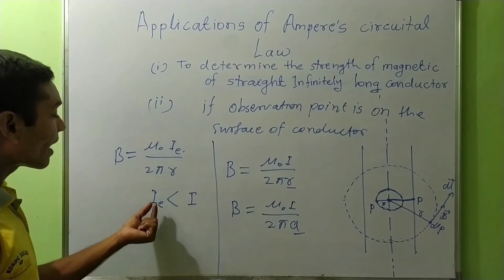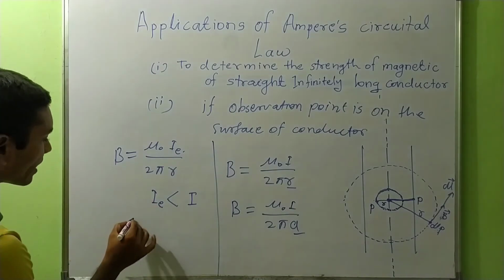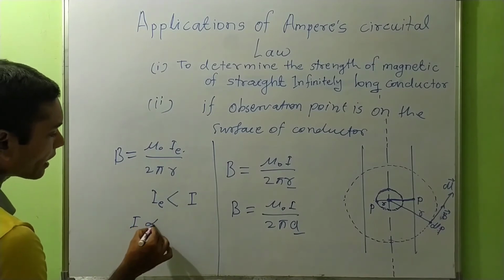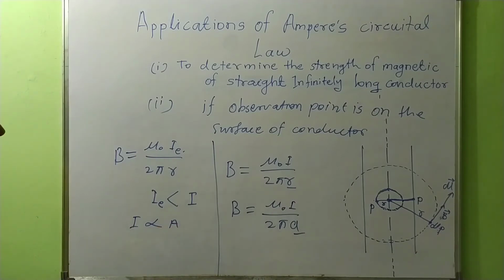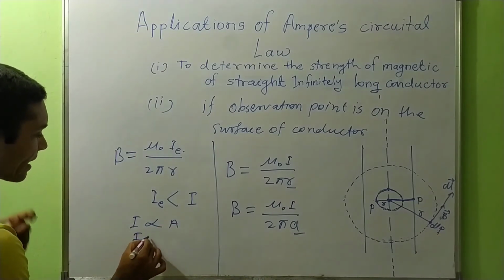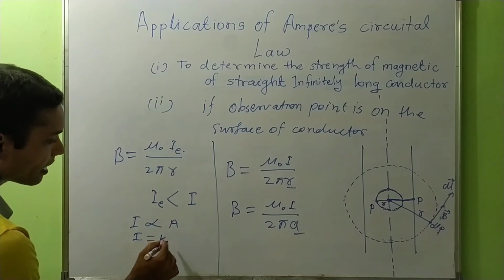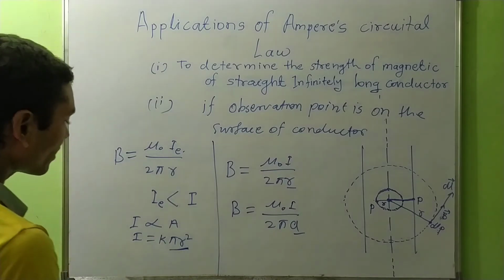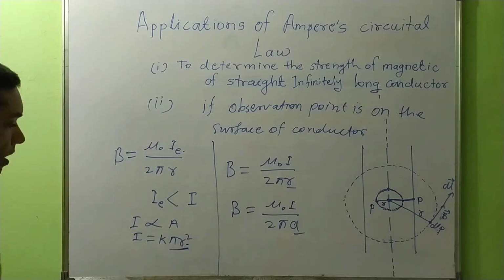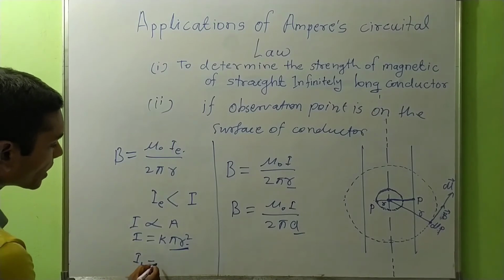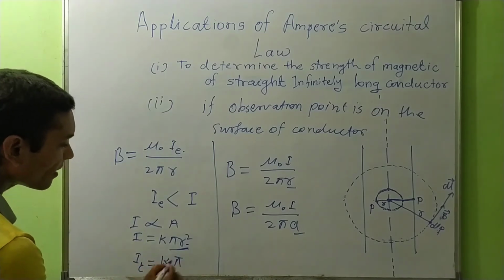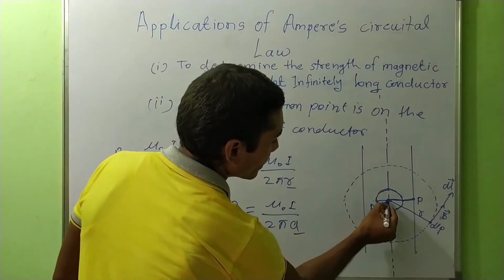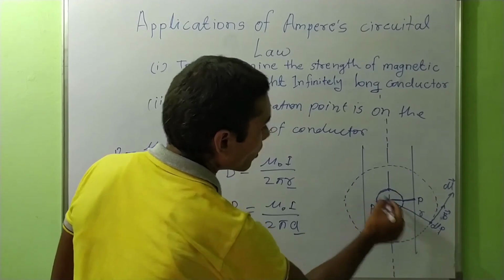So what will be the value of I_E? We know that the current flowing through any cross-sectional area is directly proportional to the cross-sectional area. Or we can write I equal to K times the cross-sectional area pi r square, where r is the radius. For I_E, it will be K pi r square, where r is the radius of this small circular loop.